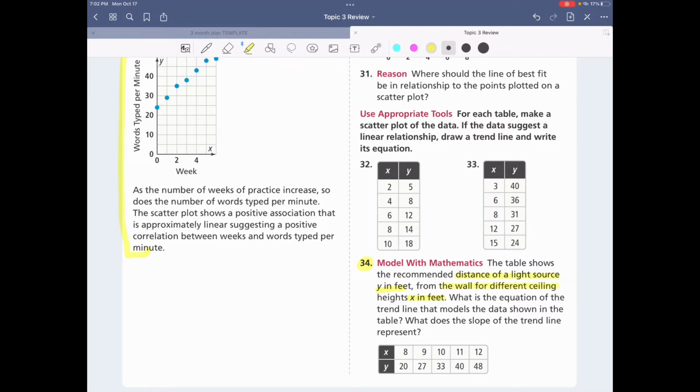So what they're saying is that your light source or your lamp should be a certain distance away from the wall depending on how tall your ceiling is. So if your ceiling is 8 feet high, then your light should be 20 feet away from the wall. And if your ceiling is 9 feet, 27 feet from the wall.